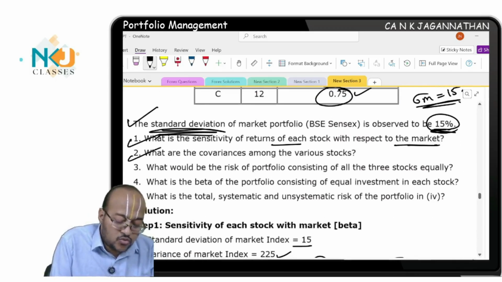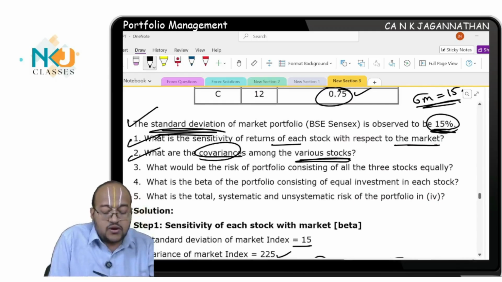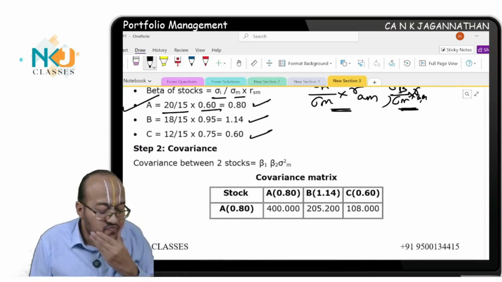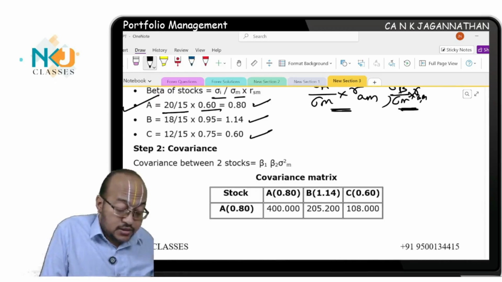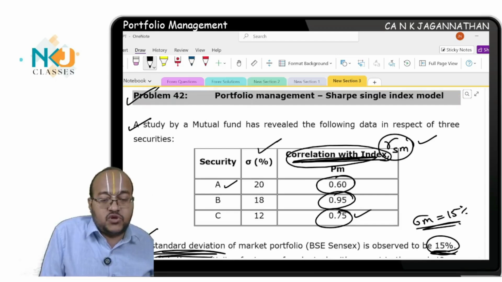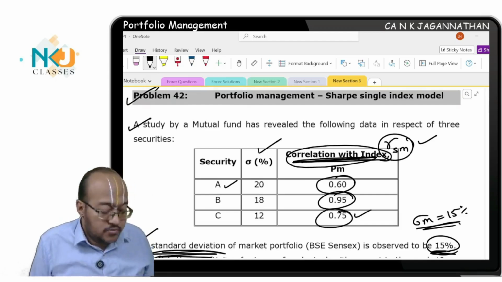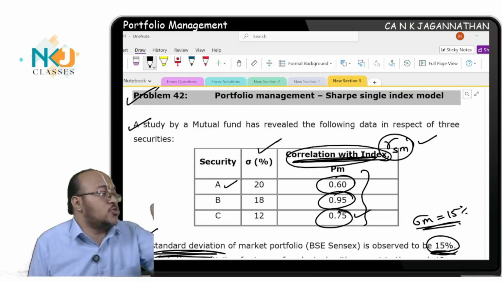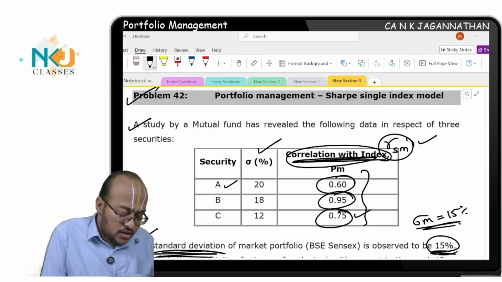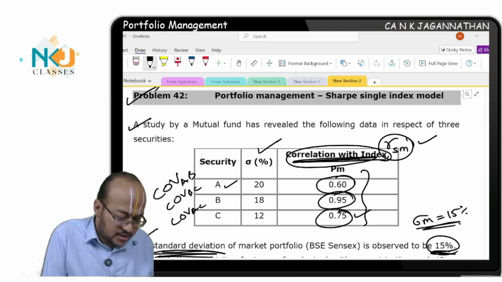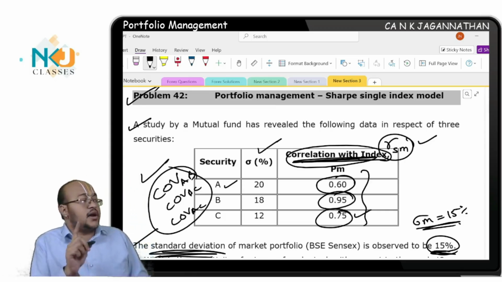Next, what are the covariances among the various stocks? Which means, very simple. Now, there is a catch here. The question doesn't ask you covariance between the security and market. But the question is asking the covariance between these securities themselves, which means covariance of A and B, covariance of B and C, covariance of A and C. These three covariances they are asking, and not covariances of security and market.